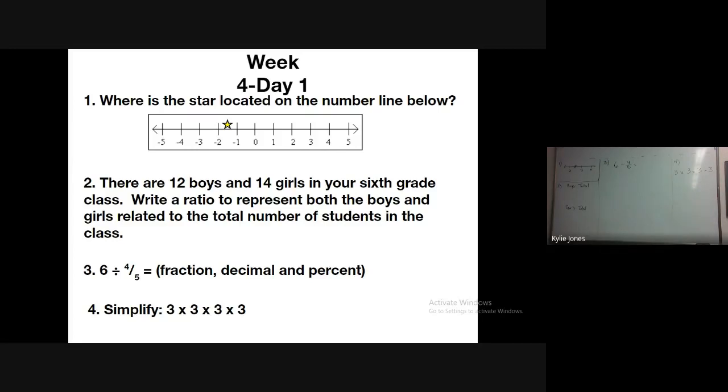Now you need to do girls. Just write another ratio to that. And then if you can simplify, then you can. So if there's a number that goes into both, you can do that division.